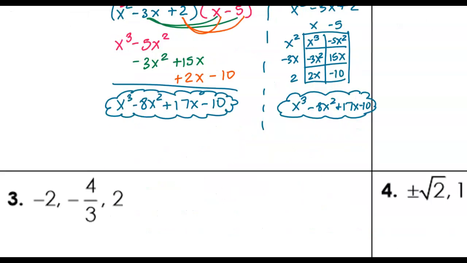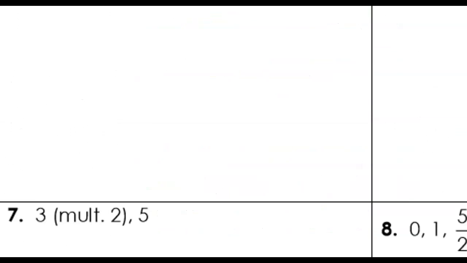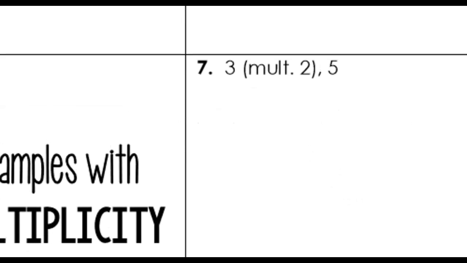All right. I've got one more example for you, and then I'm done. Right here. Multiplicity. Whenever a problem says mult, what that stands for is multiplicity of 2 in this case.